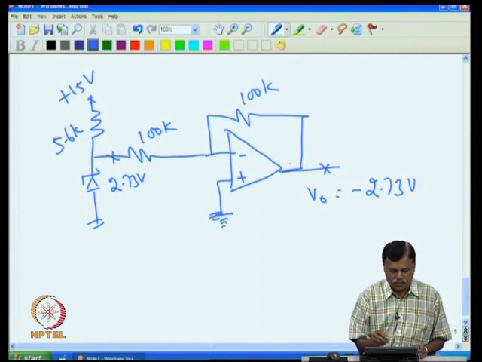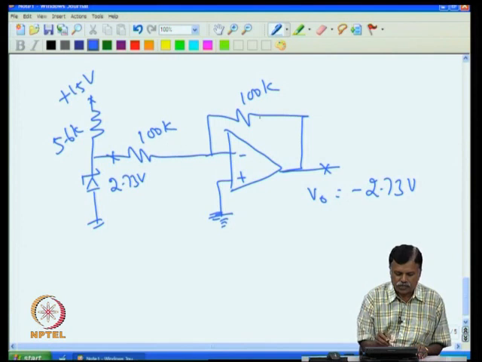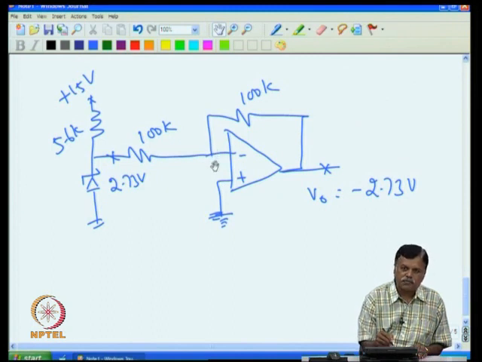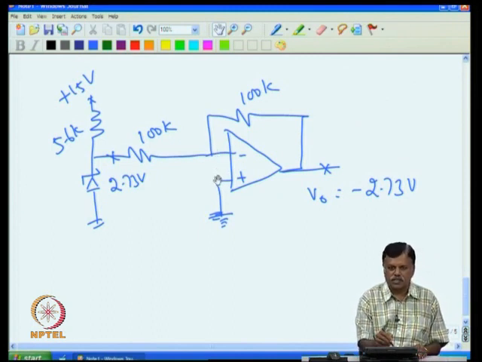You may wonder why I selected 100 K. I could have selected even 10 K, or 1 K. Remember that the current going through this is 2 milliampere. Now, if I put a resistance here and I know that this is 0, this point also has to be 0. This is the essence of the operational amplifier working that we had discussed earlier.